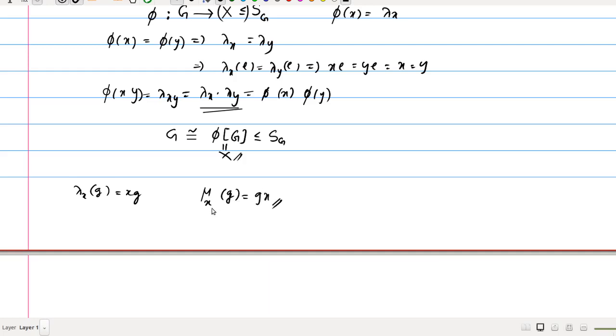In this fashion you can define another group representing the same G. These two are called the left regular representation and the right regular representation respectively. So there are two different names for these two representations, and you can retrace the same thing using this definition.